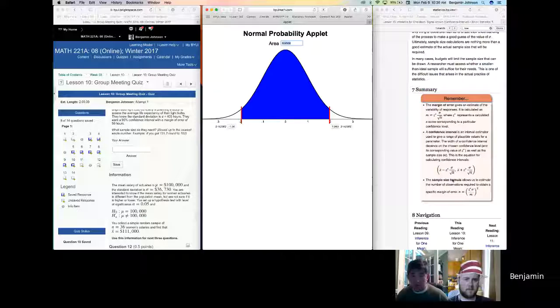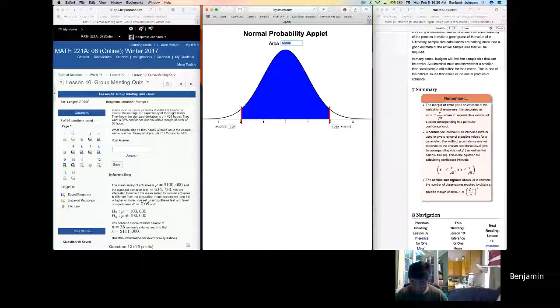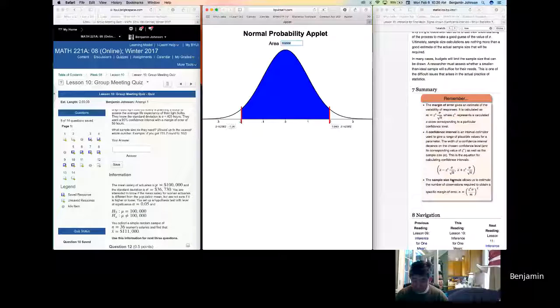I was like, if they don't give that to us, how are we supposed to calculate it? 1.960 times 400 divided by 50 equals 15.68, and then we have to square that. So I got 245.862. We're supposed to round to the nearest whole number, so it'd be 246.